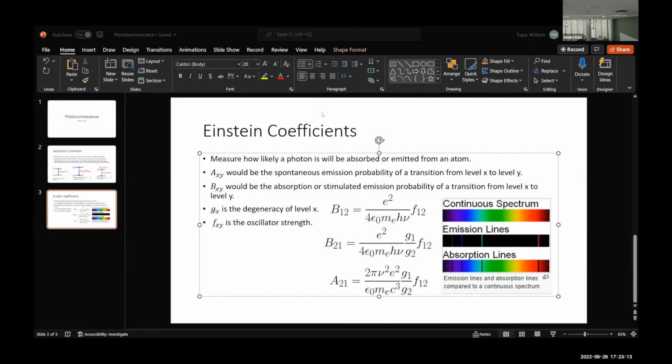All right, I guess. So you have oscillator strength there. What would be a good way to describe oscillator strength? I'm not sure exactly what this oscillator strength is.